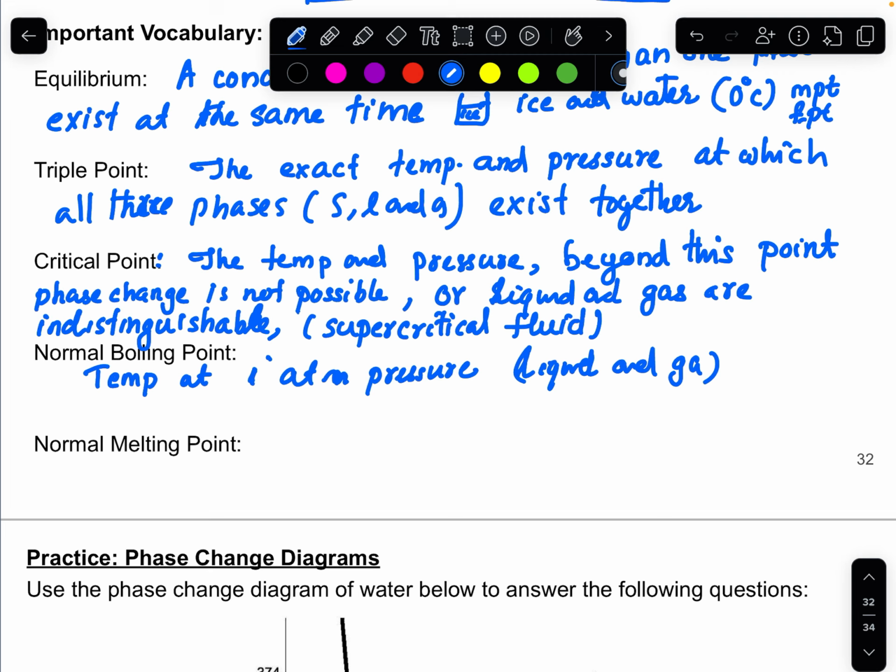Okay. Then melting point. So temperature at which a solid changes to liquid at 1 atm pressure.